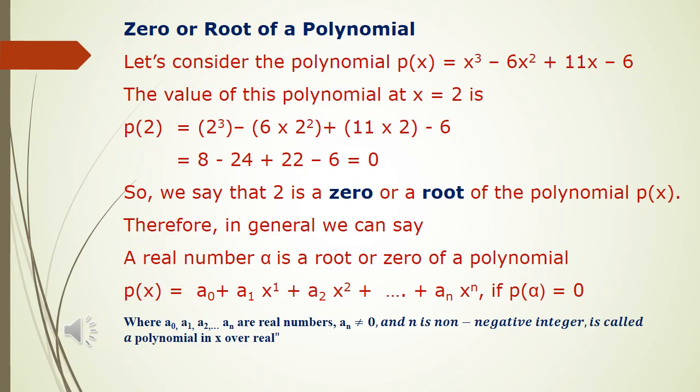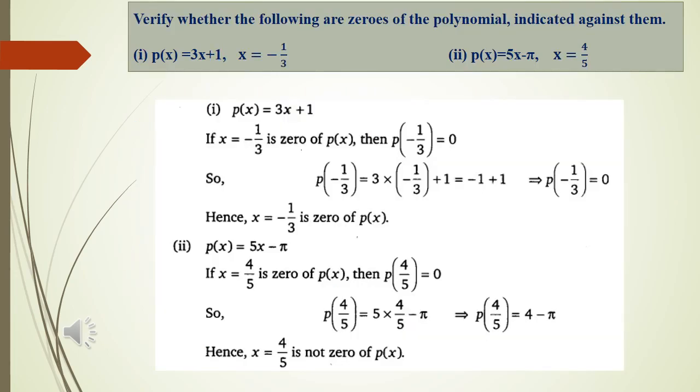Here p of alpha equal to 0, where a0, a1, a2 up to an are real numbers, where an is not equal to 0, and n is a non-negative integer, is called a polynomial in x over real. Let's study the given examples to understand the values or zeros of the polynomial.